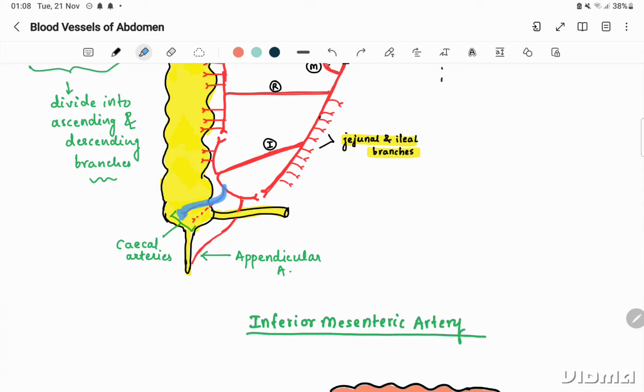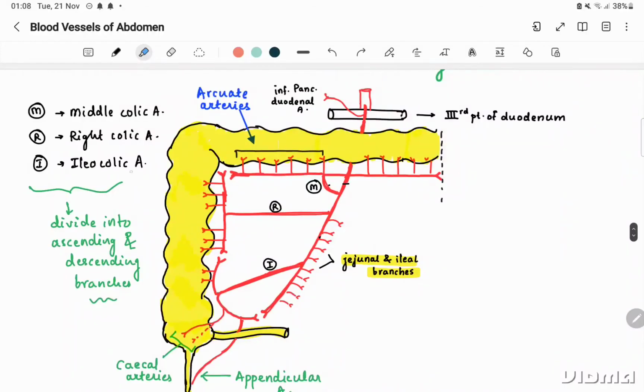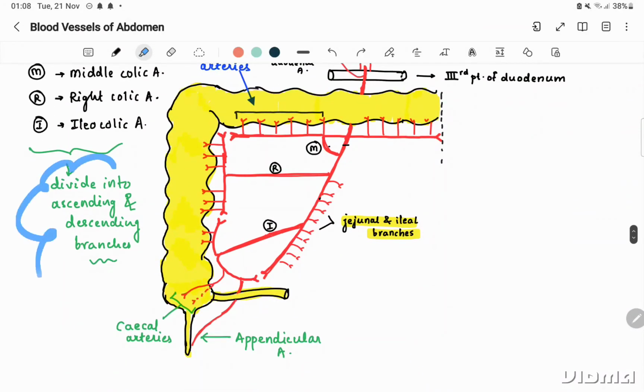So these branches are called the cecal arteries, and here you have an appendicular artery. The appendicular artery is also a branch of the ileocolic artery. So these arteries divide into ascending and descending branches, like the middle colic artery dividing into ascending and descending branches, supplying the whole of the transverse colon.